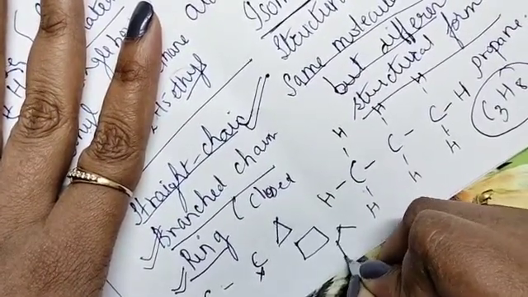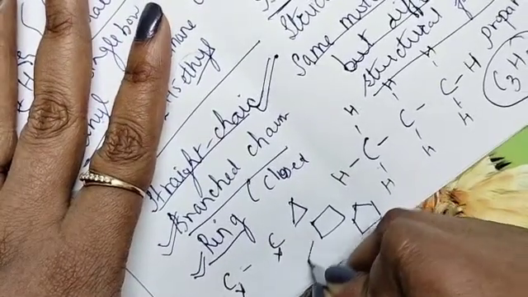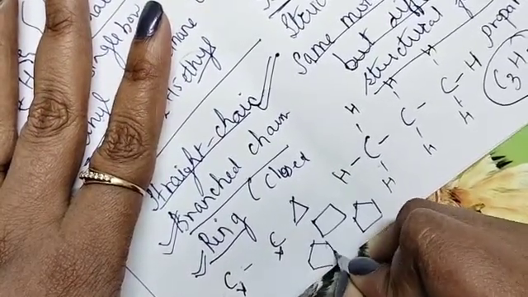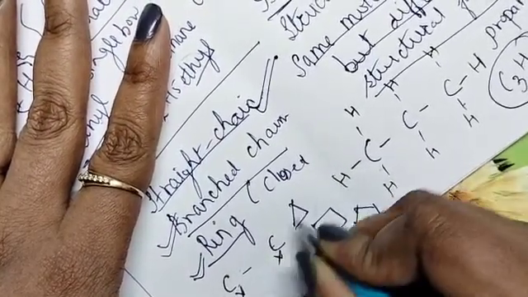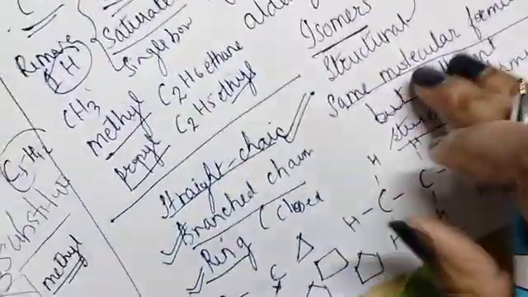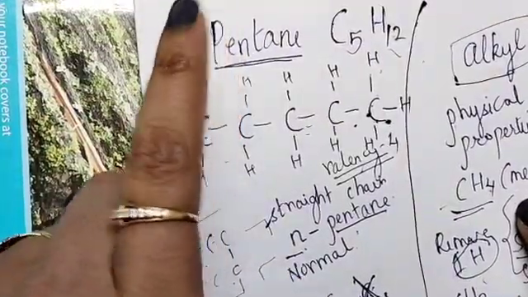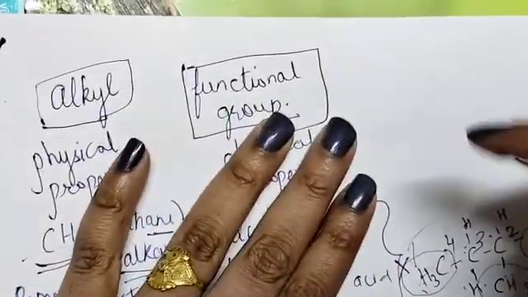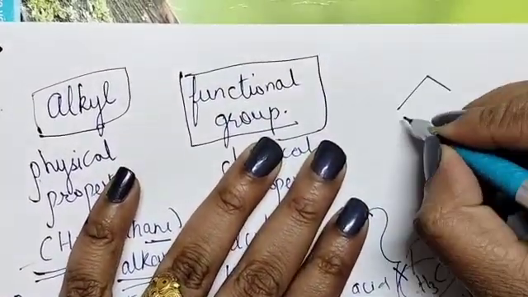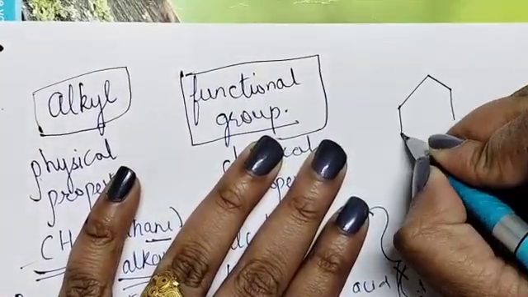Then you can have a pentagon for 5, then a hexagon, and like that. These are geometrical closed figures. So clearly understand this, that we know pent means something referring to 5, and 5 is like a pentagon structure. So pentagon structure is a house kind of structure.